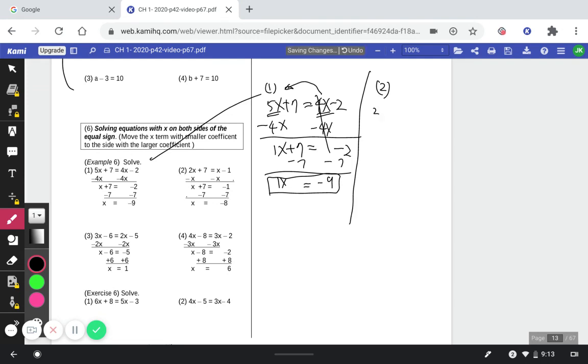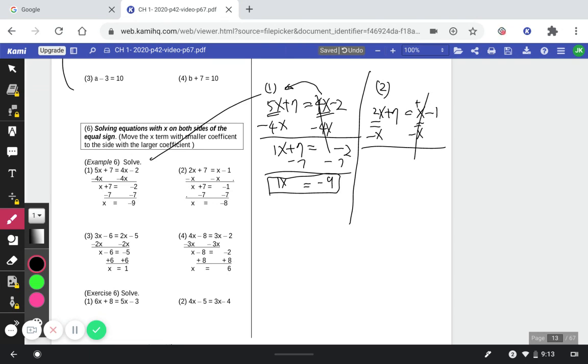Number 2, let's say you have 2x plus 7 equals x minus 1. So you have 2x here, you have x there. You usually remove the smaller x. So minus x on both sides, because x means positive x.